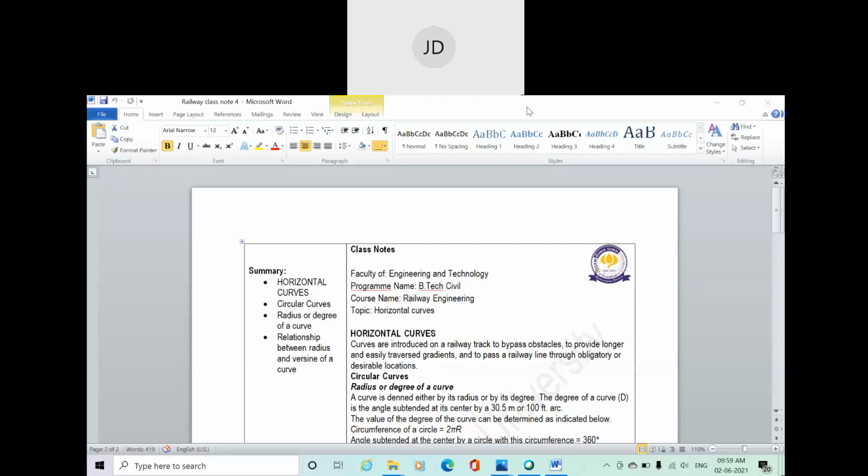I believe these things you have already got in highway engineering, so it will be very easy to understand, especially the geometric design part. Similar to highway engineering, a little difference will be there, like different types of gradients and standard values of gradient. We already discussed how much gradient is provided for hilly areas or plain areas.